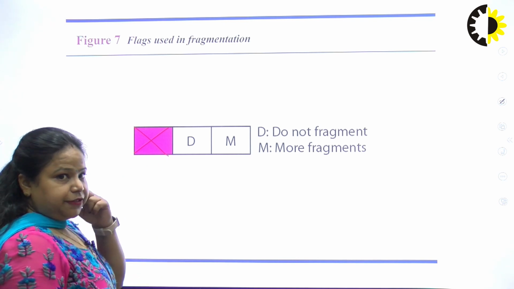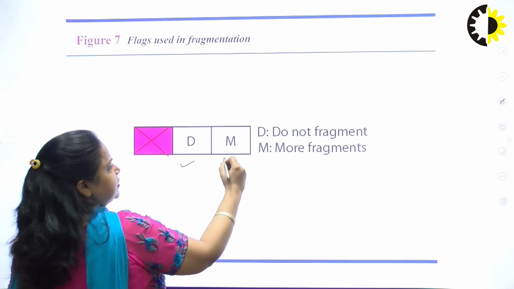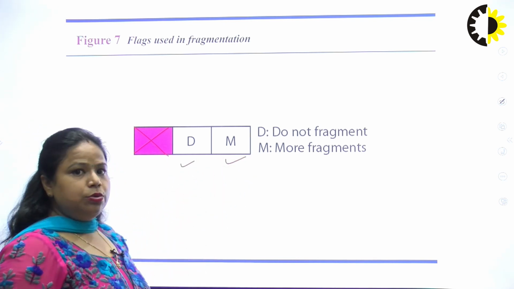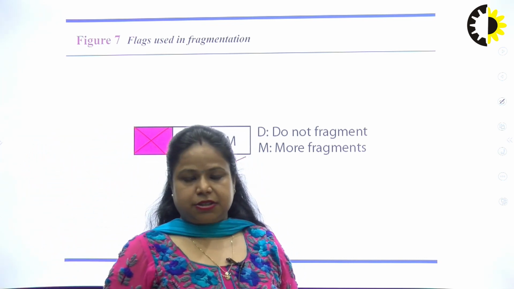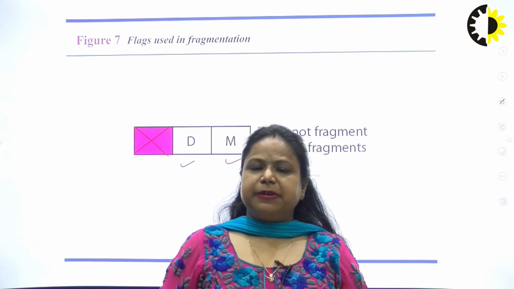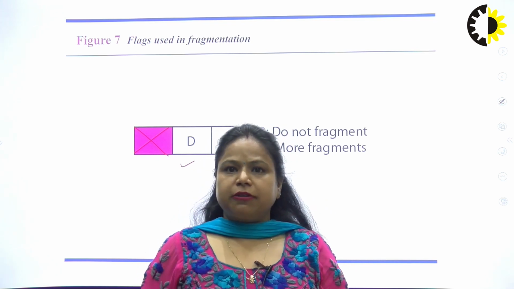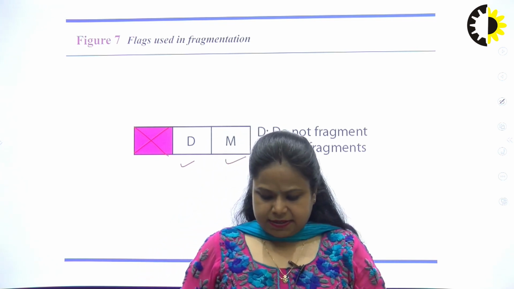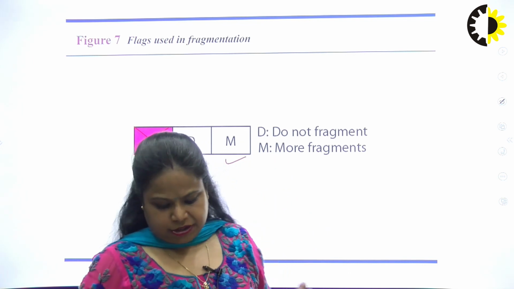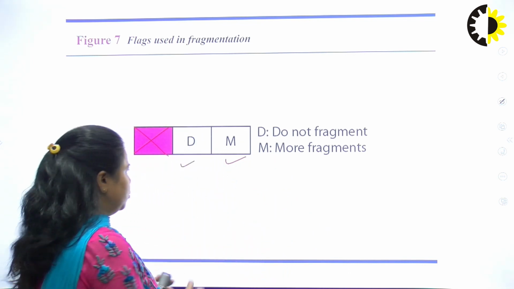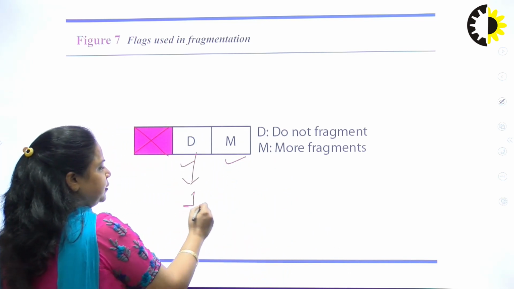And after that, these two parameters indicate two different functionalities of fragmentation. If we are talking about the first bit, that is D, it means do not fragment. Do not fragment says that if the value of this is to be 1, right?